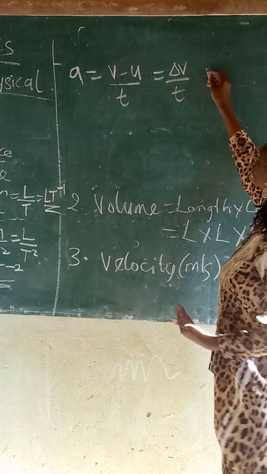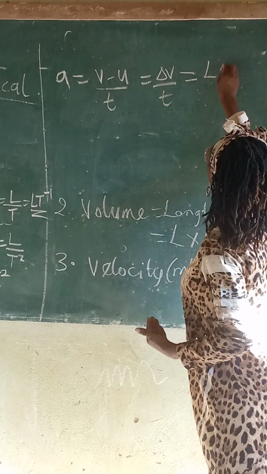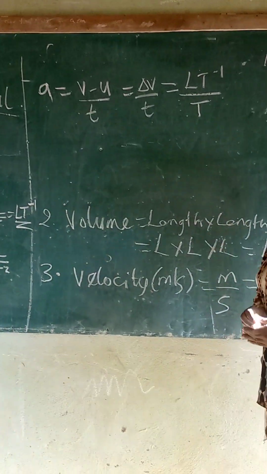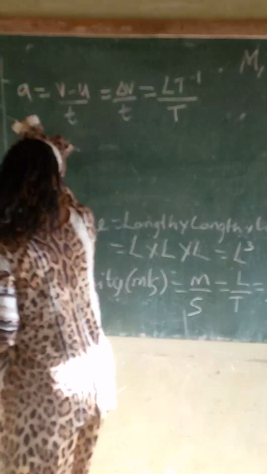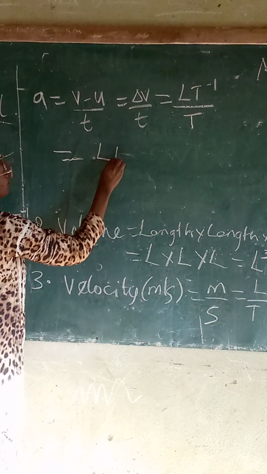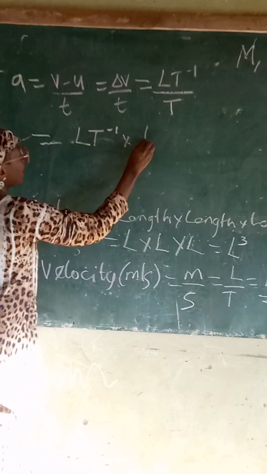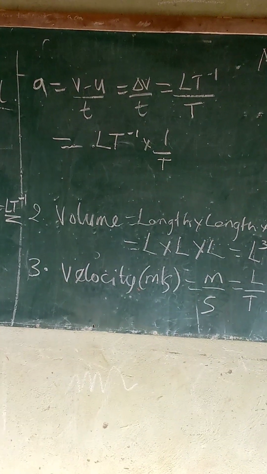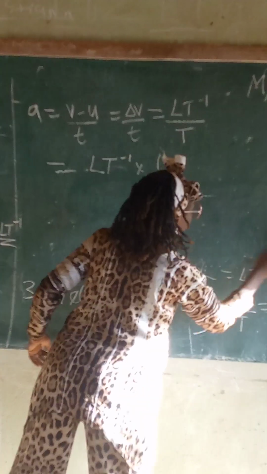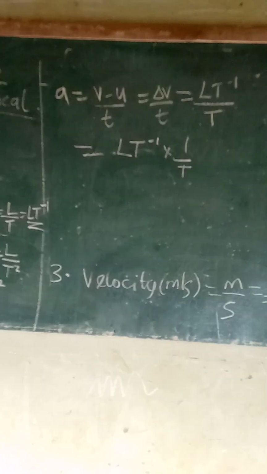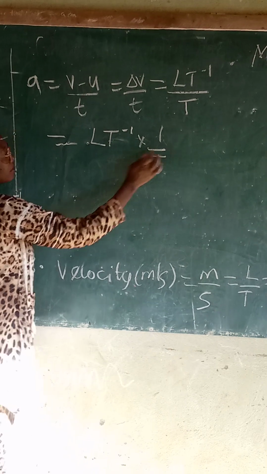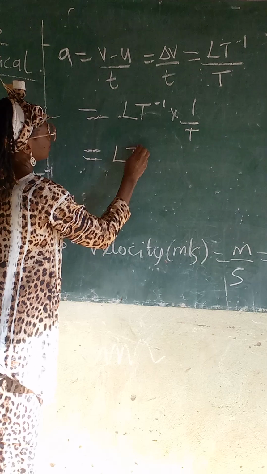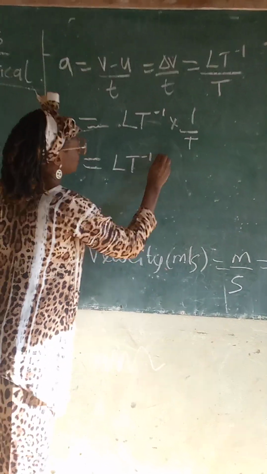So it will now be LT inverse all over T. This is the same thing as 1 over T, so we have T minus 1.